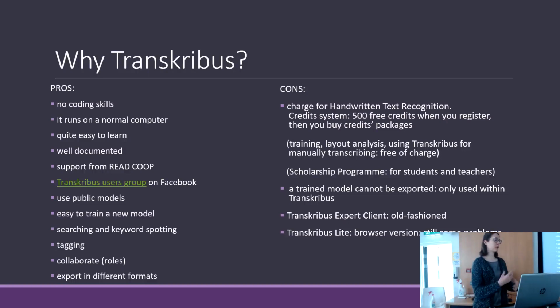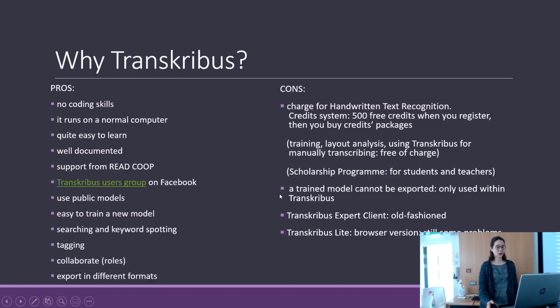There is a form on their website. But if you are thinking of integrating Transkribus in a research project, maybe after your PhD, you need to consider that as an element in your funding.